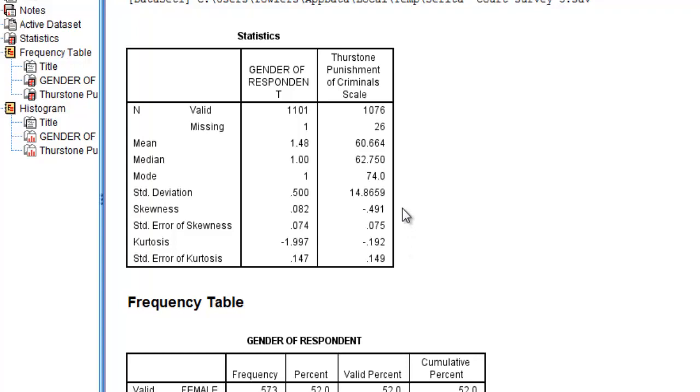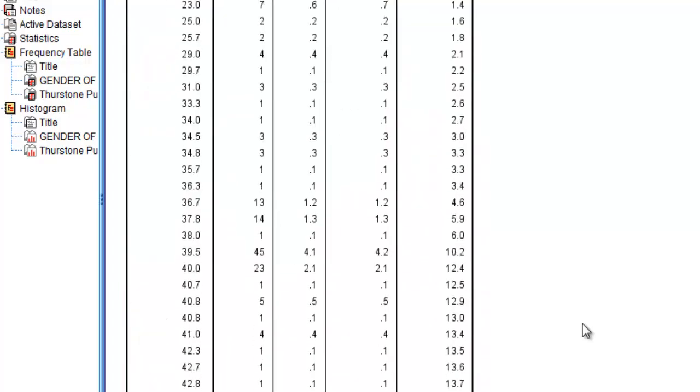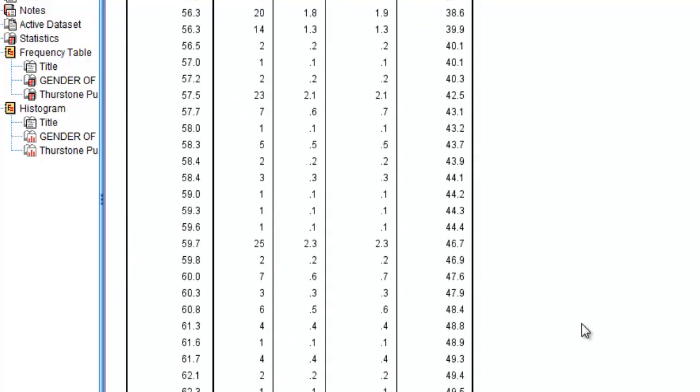Notice that the skewness and kurtosis values are within that positive negative 1 range. So even though I might not have an exact normal distribution, I can treat it as such because our skewness values and kurtosis values are within that range of tolerance, that positive negative 1 value. I'm going to scroll down and look at women compose 52% of the sample, men 48%, and there's my frequency distribution table for the punishment scale.